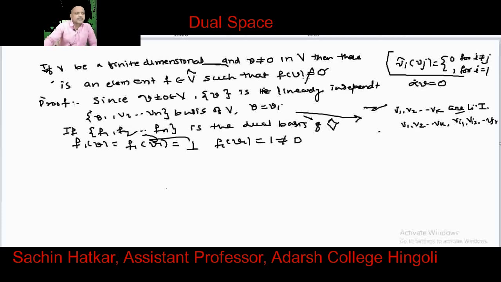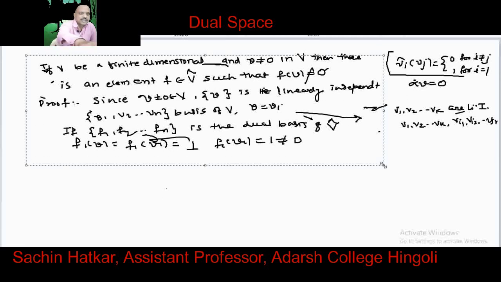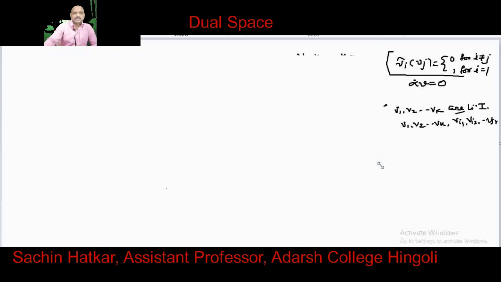Now, remember how we have defined the dual space. What is the dual space? Remember once again, the dual space is a vector space. It is a set of linear functions.